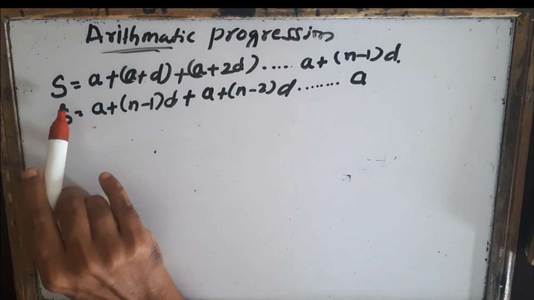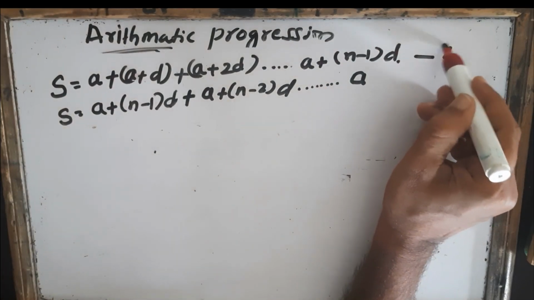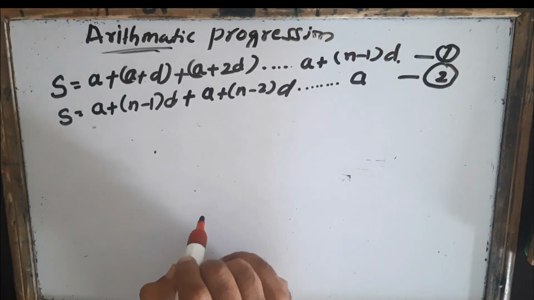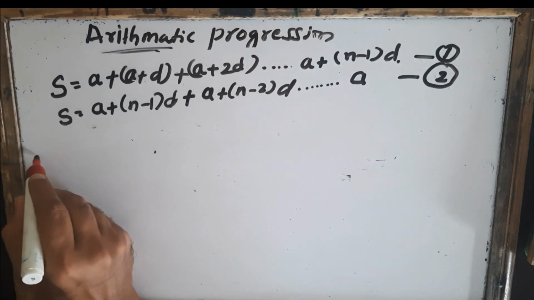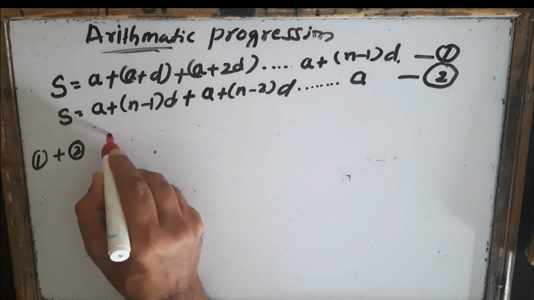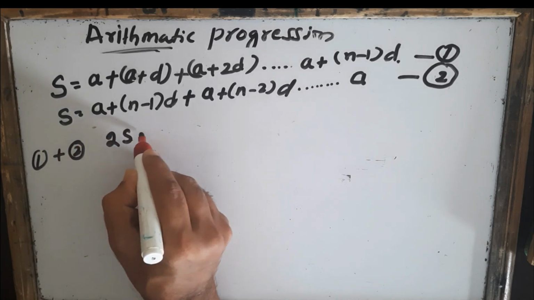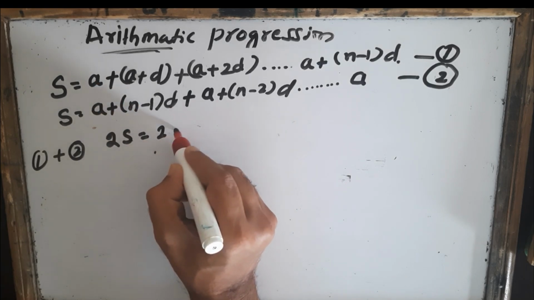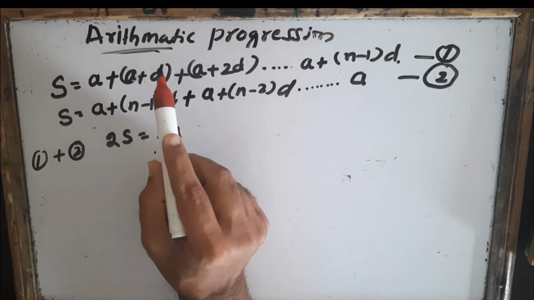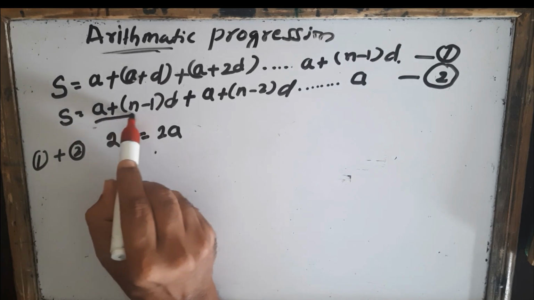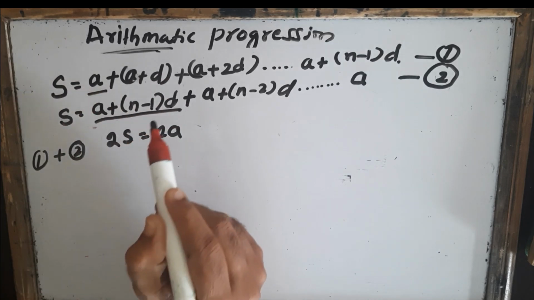Now you know that this is statement number 1, and the same statement in a reverse way is statement number 2. Now we add both, 1 plus 2. That means 2S is equal to this a plus a, 2a, and here this is the first element, this is the first element.